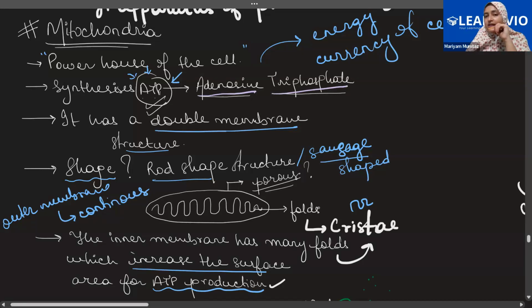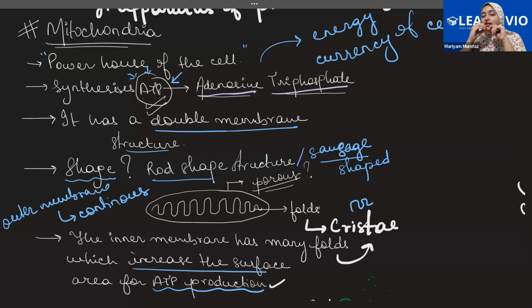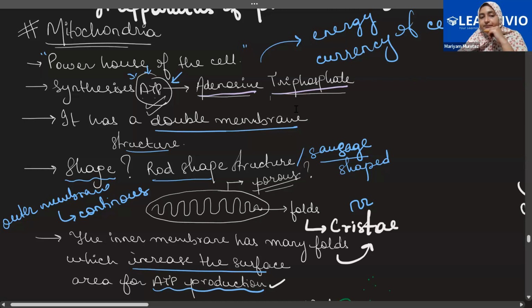And this ATP is the energy currency of our cell, meaning wherever our cell or any process in our body requires energy, ATP will be synthesized. And this ATP will be synthesized from where? From mitochondria. So that is why we call mitochondria the powerhouse of the cell. It provides power. Clear?